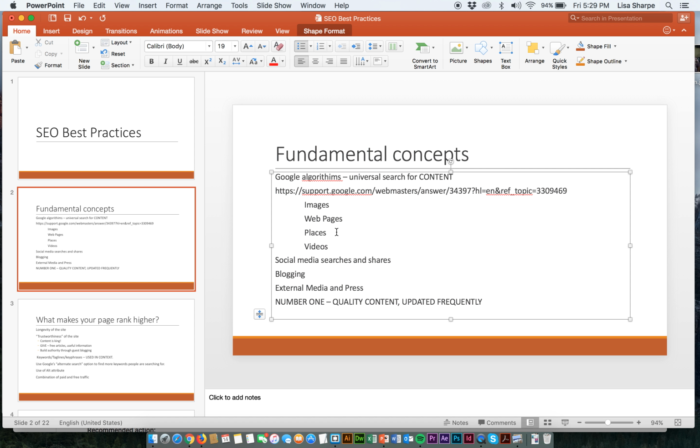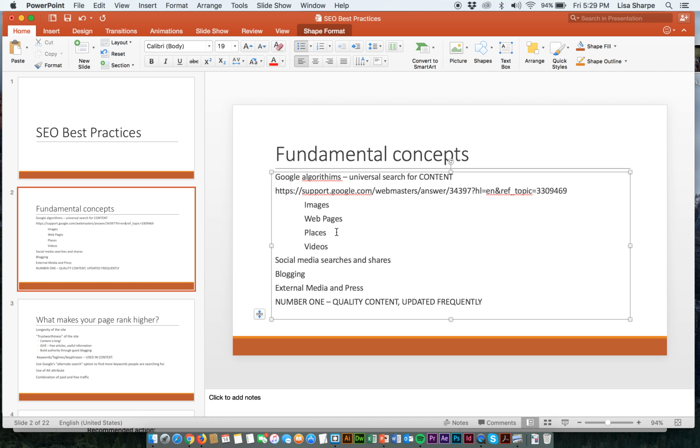Okay, well, first of all, one of the biggest things that Google did starting around 2014 and continuing today is they changed their search functions to look specifically for quality content. And by quality content, they mean meaningful content that is updated frequently.